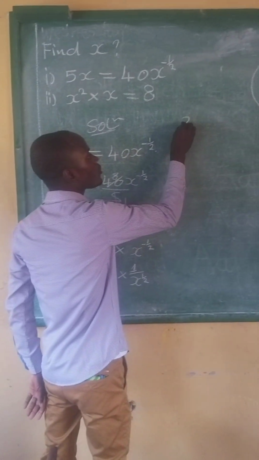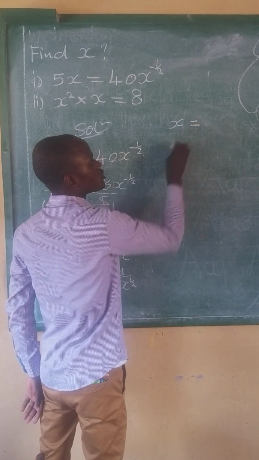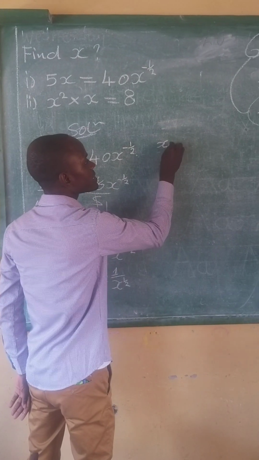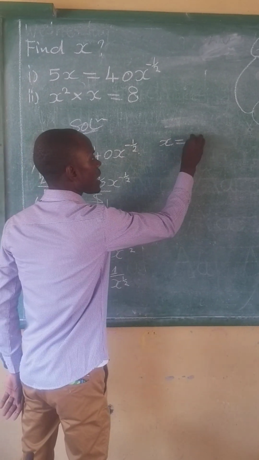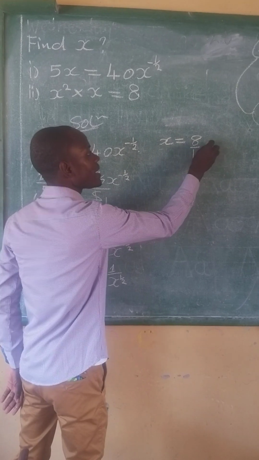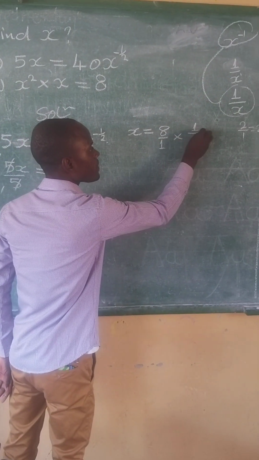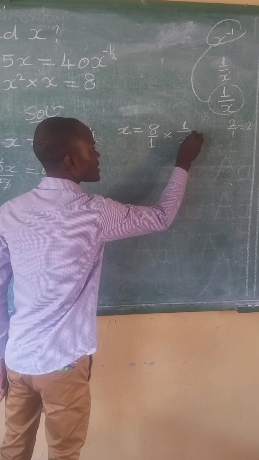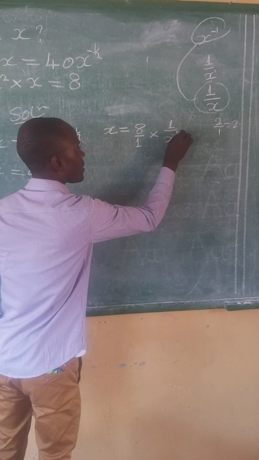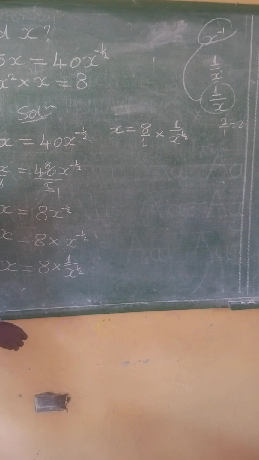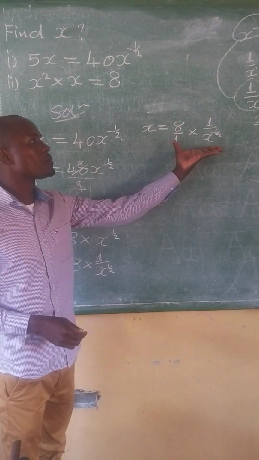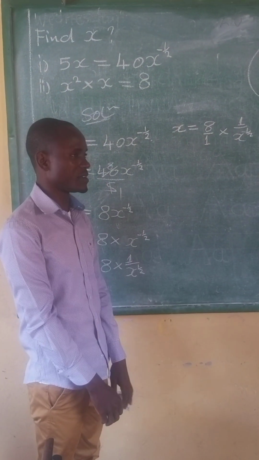So we will have x equal to 8 over 1 multiplied by 1 over x to the exponent of half.